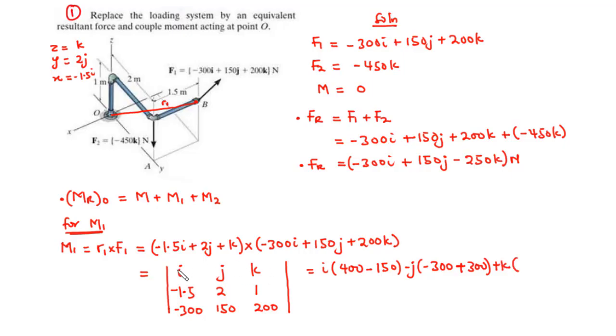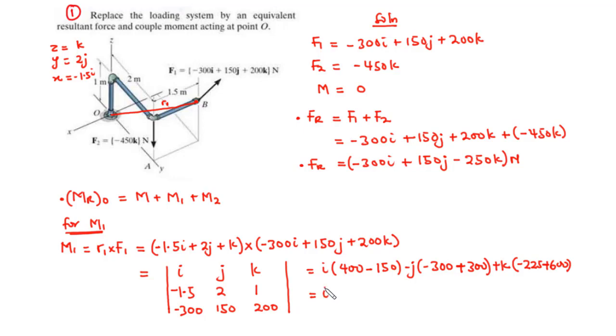We pick k, we cancel out the row and column containing k. 150 times negative 1.5 is negative 225, minus negative 300 times 2 is negative 600. So it becomes plus 600.